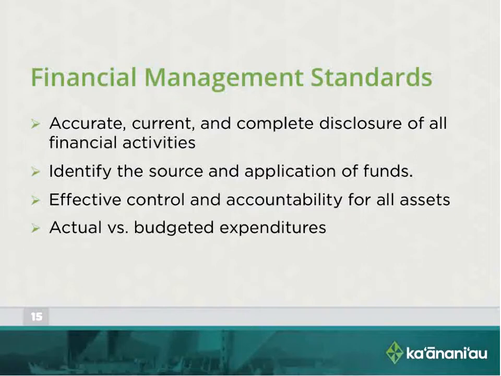The third standard is effective control and accountability for all assets. So you have to safeguard the funds and any equipment or anything else that you may have that was purchased with government funds. And how we do that is like with timesheets. A supervisor will sign that the employee did work those hours. Or with purchase orders, whoever approves the expenditure, that's the person saying, yes, this is an allowable cost.